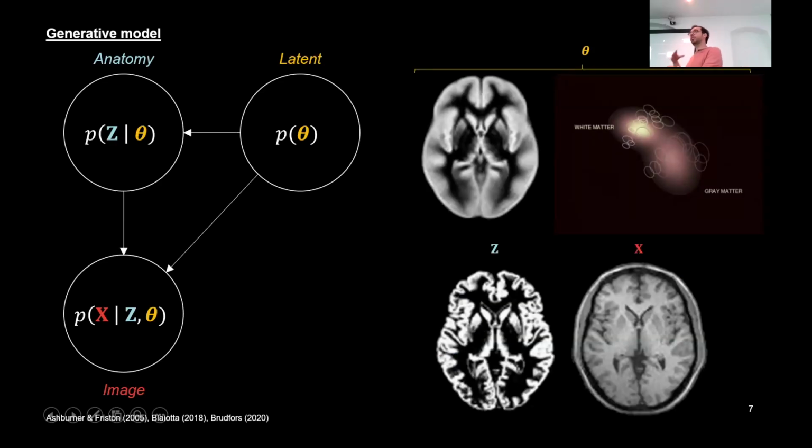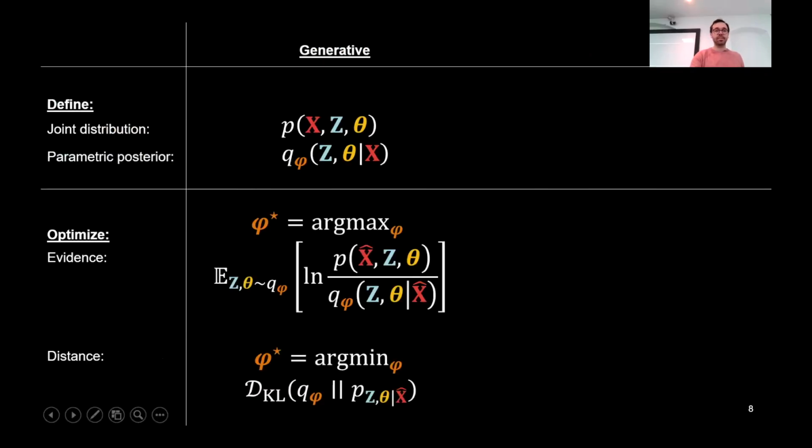If we knew those variables, so for example, the distribution of intensities and the gradient pattern, then we'd have a better idea of what the image is going to look like. And introducing those additional latent things that are not observed helps us invert the model and recover the anatomy.